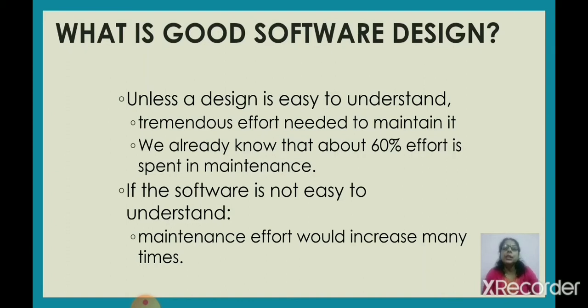So if the design is easy to understand, then the software is easy to understand and easy to maintain. If the software is not easy to understand, maintenance effort may increase many times. The maintenance phase requires 60% of effort, and if the design is not good, it can increase.